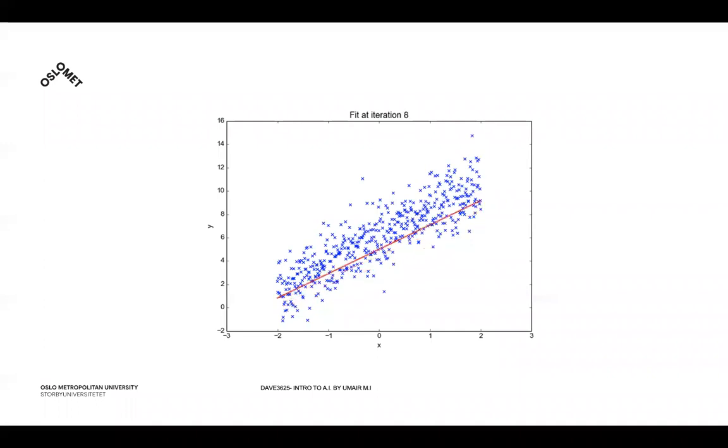Based on the cost function, it first tries to draw its line by saying, I think that this is the right value, but then it iterates and iterates and iterates until it finds the right value, which binds all of the data around it. So these are the iterations we talk about. When you train a model, you have to iterate until it finds the right value. It kind of does that on its own.